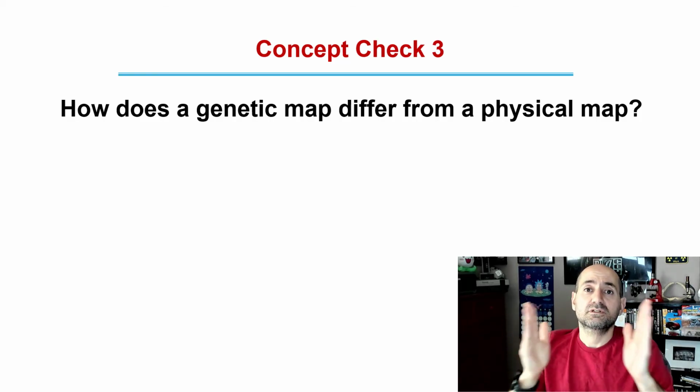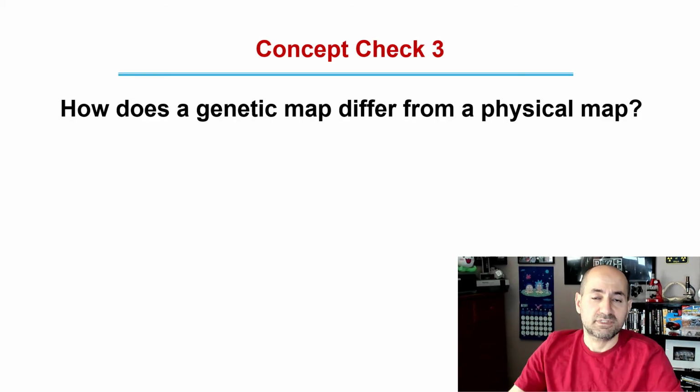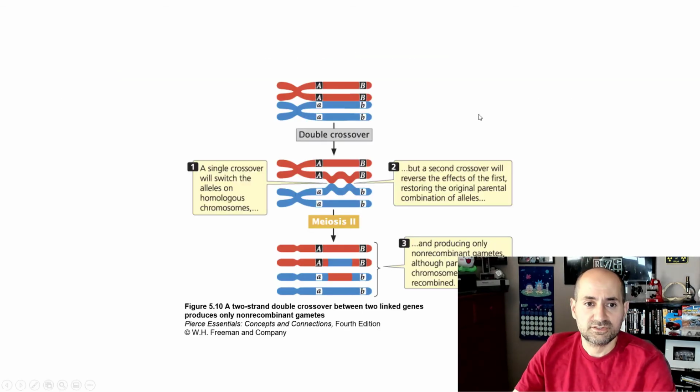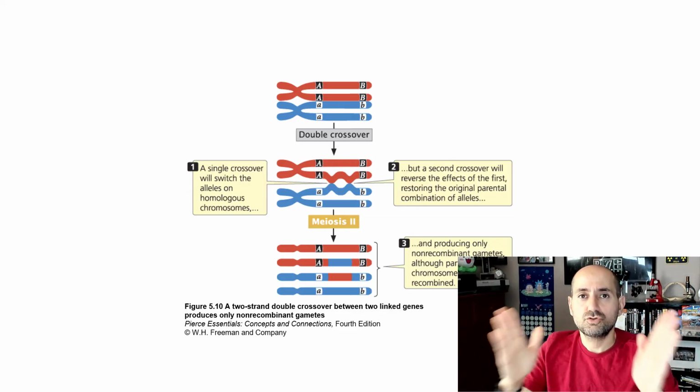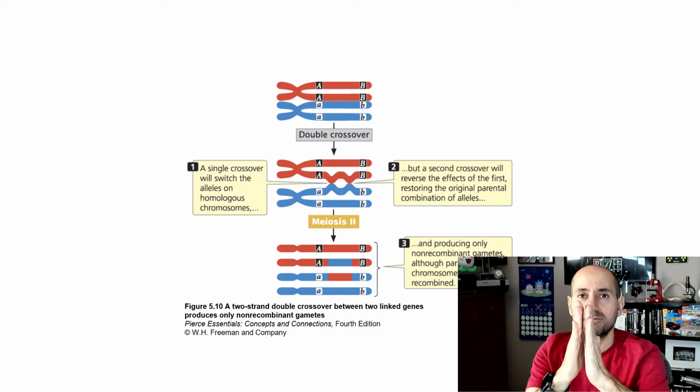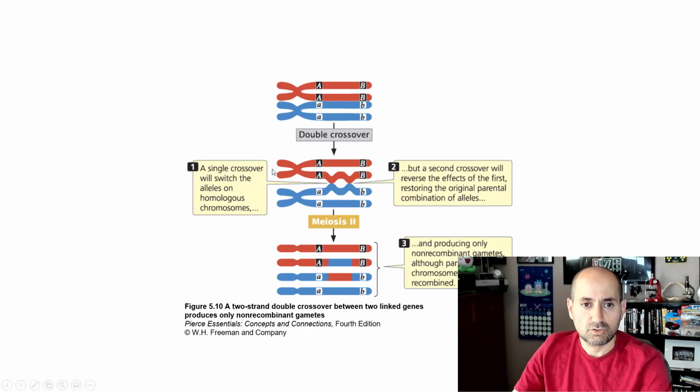And if they're closer together, the recombination happens less frequently. Let me show you something. Look at this. Imagine if allele A and B were right next to each other. What do you think the odds are if A and B are super close together on the chromosome? What are the odds that the crossing over event is going to happen in between A and B? Probably not that common. Does that make sense?